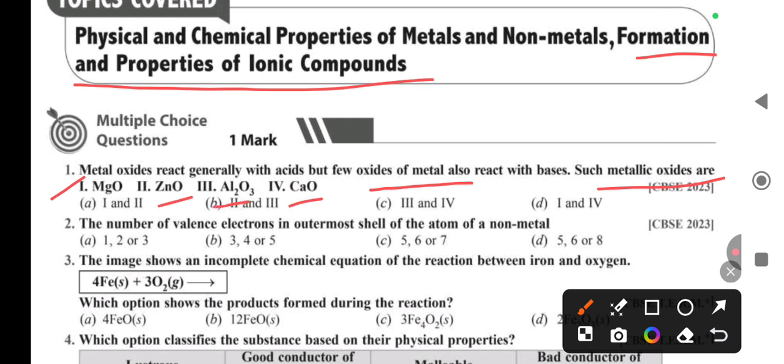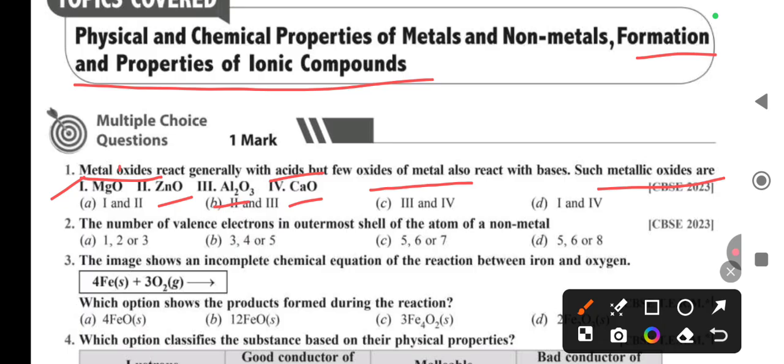First we have to understand the meaning of this question. Metal oxides react generally with acids. Wherever the word metal comes, it means it always has positive nature. So the metal oxide written here, this compound has positive nature. It reacts with acids. Acids always carry negative charge, it means its nature is negative.